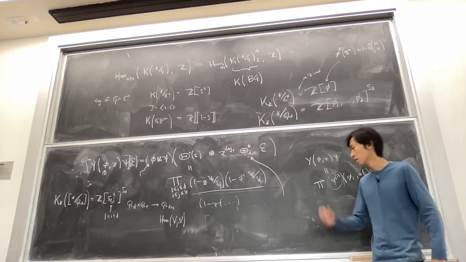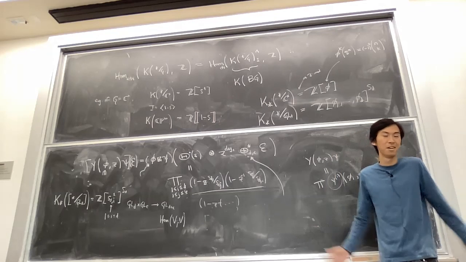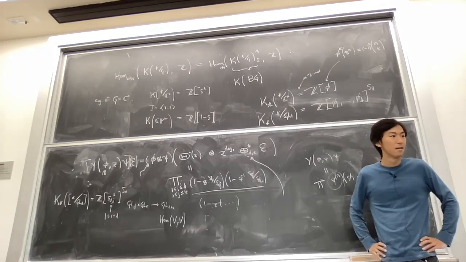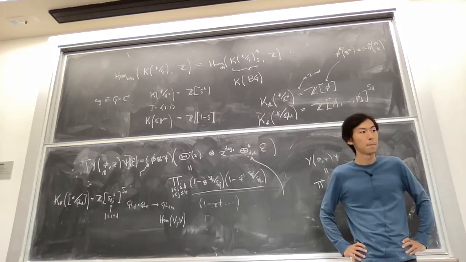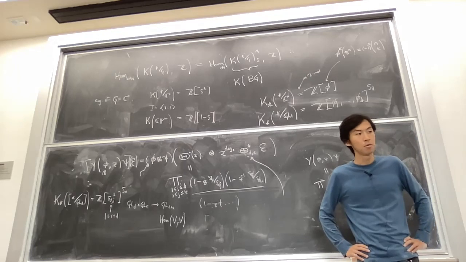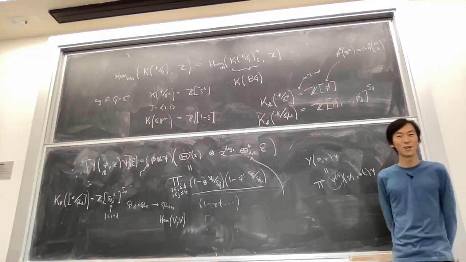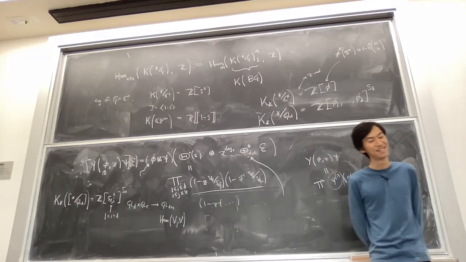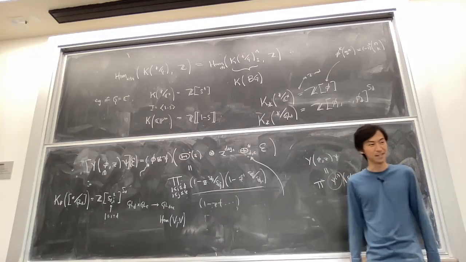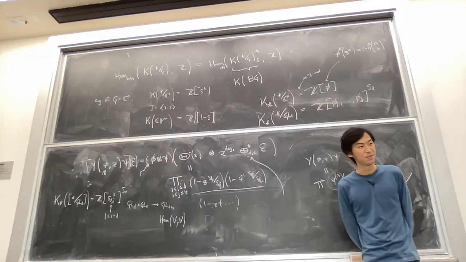I understand. There are all possible coproducts in the quantum group, but right, which is commutative. Yeah, that's right. I think you should ask Tudor, not me.